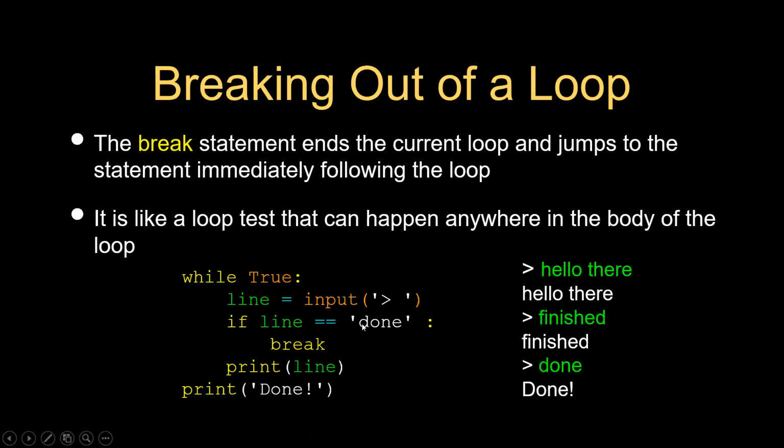So if line equals done, is hello there done? No. So if it is not, it will come over here and print line, meaning it will print hello there. While true means again it will come over here and ask for another one. I type finished, it doesn't match, so it will print and loop again.